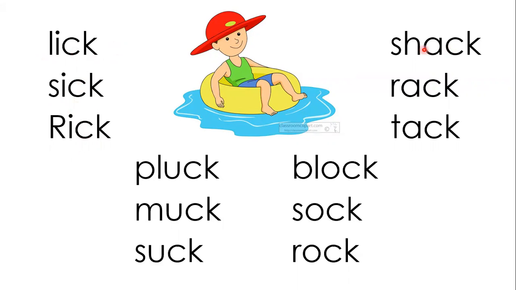And over here, we have CK at the end, but behind it is the letter A, that vowel A. So in all of those words, it's ACK. And then down here, we have UCK, UCK, UCK. And then over here, we have OCK, OCK. You can say it with me, OCK.